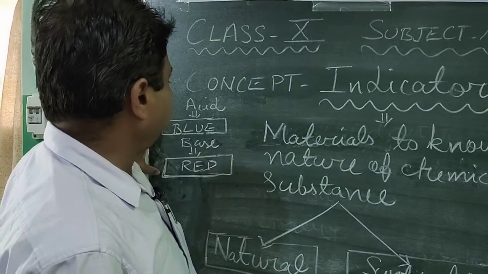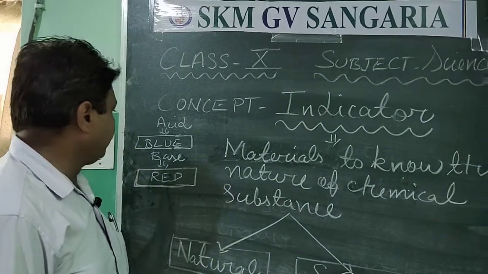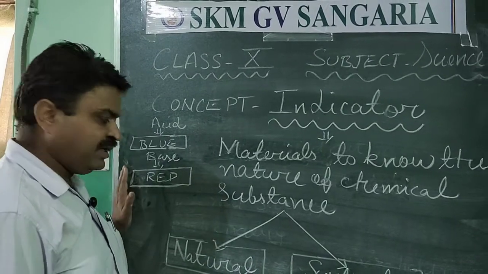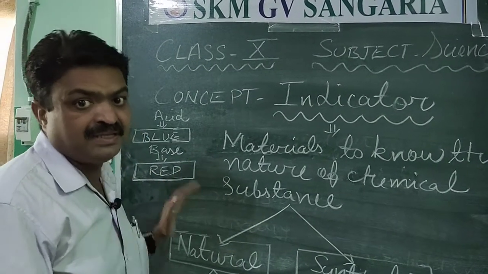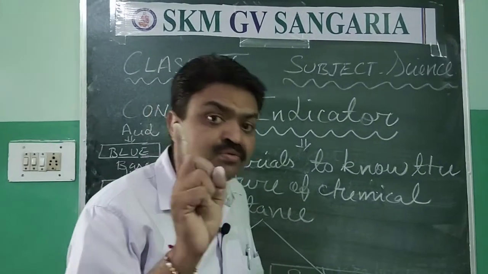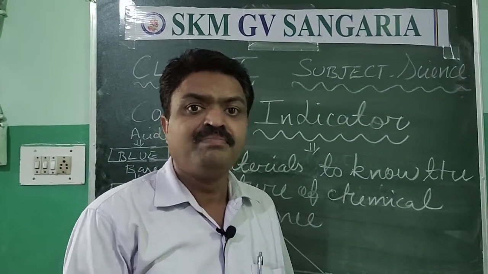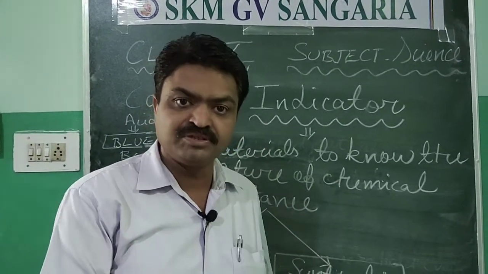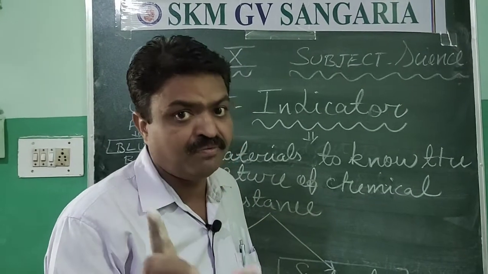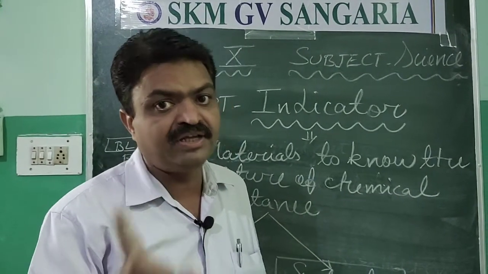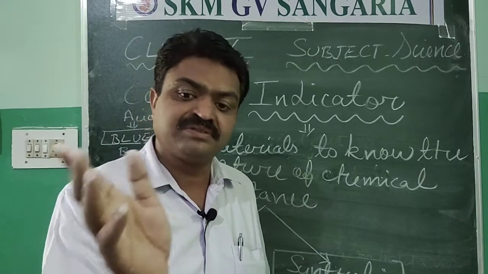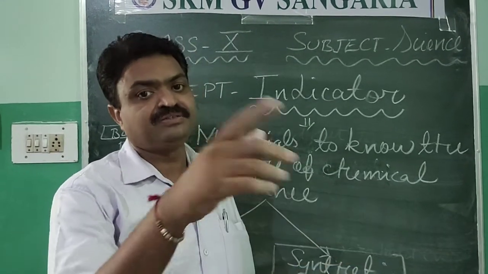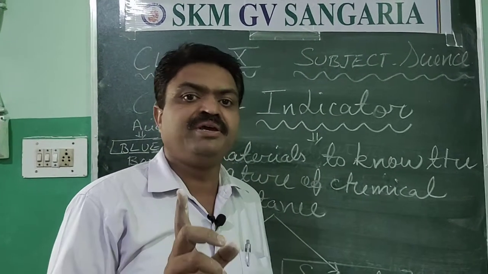So there are two types of paper, blue litmus paper and red litmus paper. Like this, there are also two types of solution, blue litmus solution and red litmus solution. So with the help of that, we can know whether the particular substance is acidic or basic.